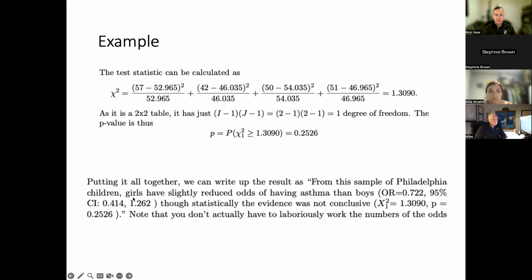And indeed, our odds ratio confidence interval shows that even with this amount of discrepancy, and with a point estimate for the odds ratio indicating that girls have reduced odds, we don't have enough evidence that that's really true. The null hypothesis is still plausible. All right.